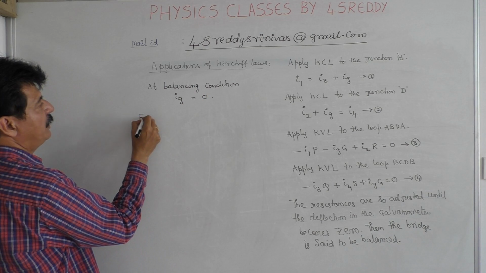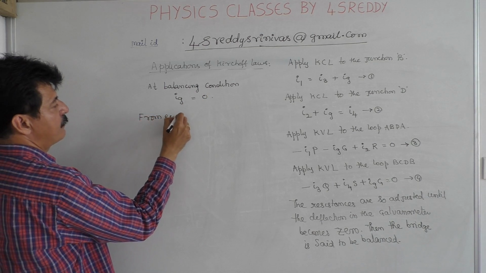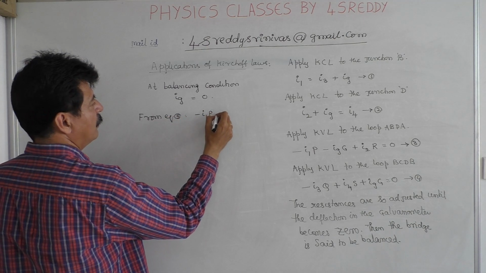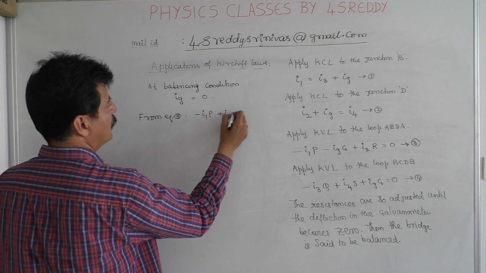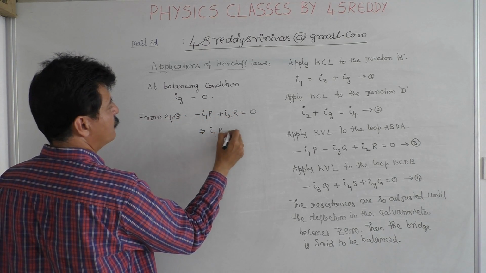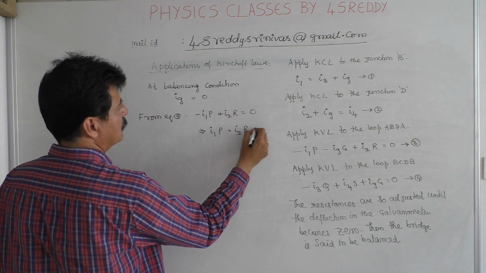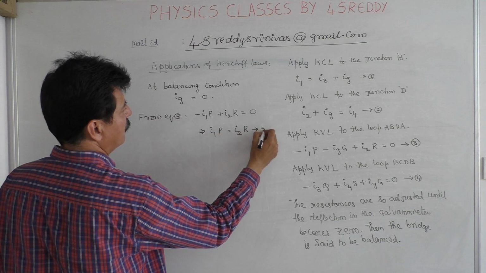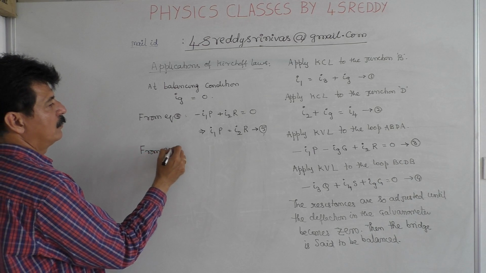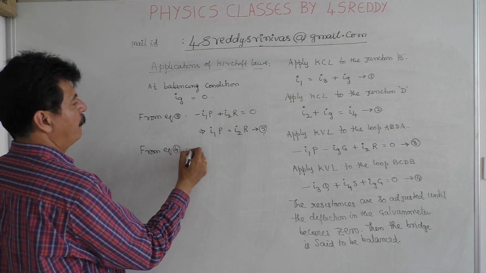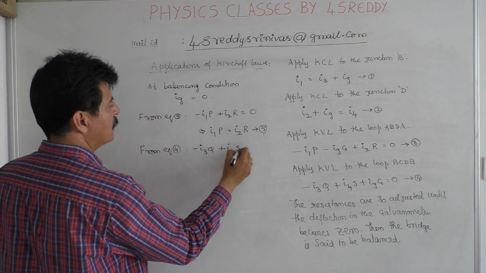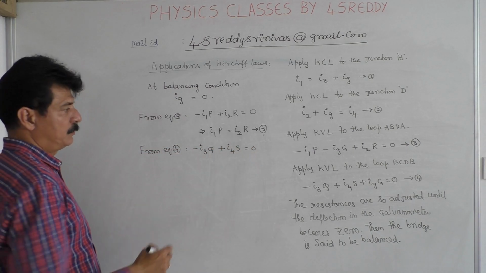Therefore, from equation 3, minus I1P plus I2R is equal to 0, which implies I1P is equal to I2R. That is equation number 5. Similarly, from equation 4, minus I3Q plus I4S is equal to 0.